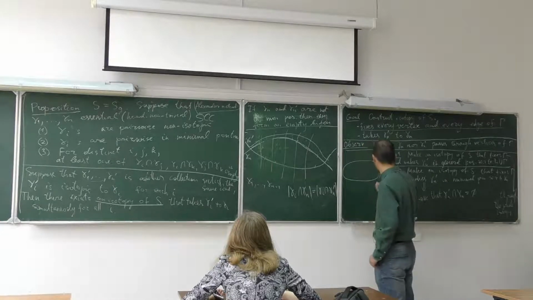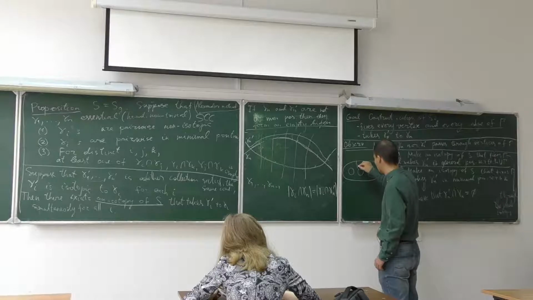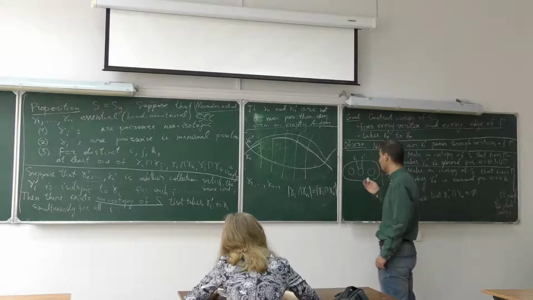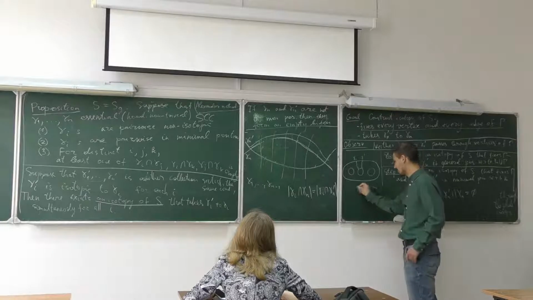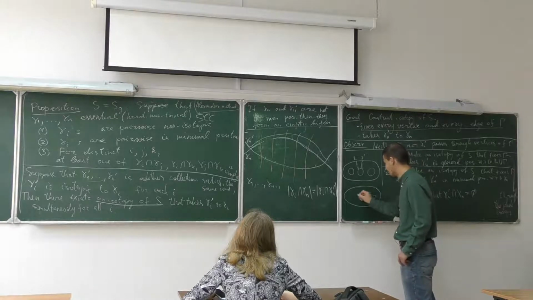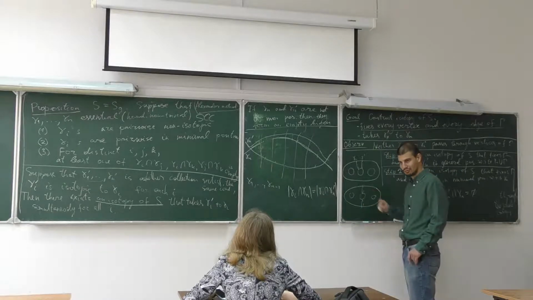So the only possibility is that gamma n and gamma n prime bound an annulus, a cylinder. If this is not so, then we have discussed that in all other cases, if both parts are of positive genus, they are not isotopic to each other.